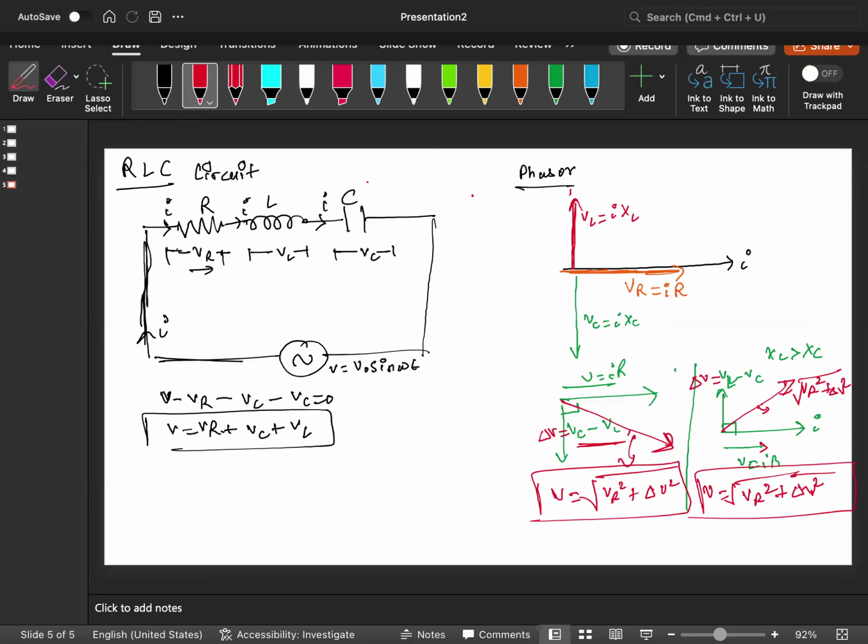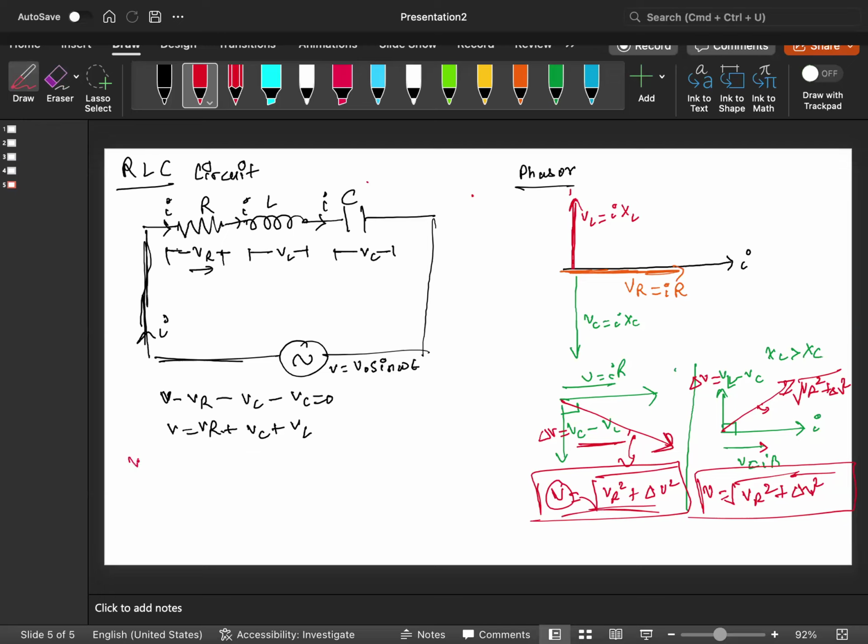Now again, the idea is very simple. You have to calculate Z, that is impedance. This is voltage V, and the current is basically V divided by Z. I have to calculate Z itself. Simply use either of the equations.